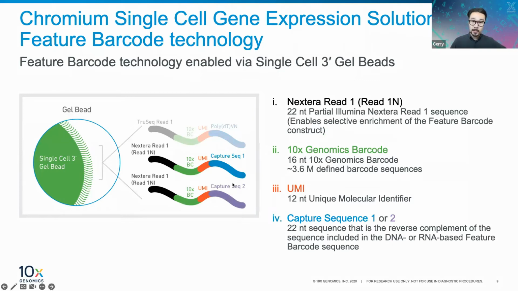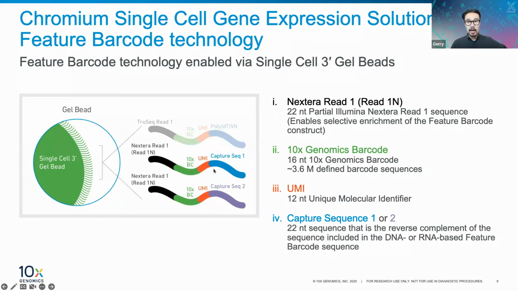To enable feature barcoding technology, there are also 2 additional oligos present on the gel beads. These contain capture sequences for your features of interest. These features may be oligonucleotide conjugated antibodies for cell surface protein profiling, or small guide RNAs for CRISPR experiments. Both of these oligos contain a 22 nucleotide partial Nextera Read 1 sequence, as well as the 10x barcode and UMI sequences.